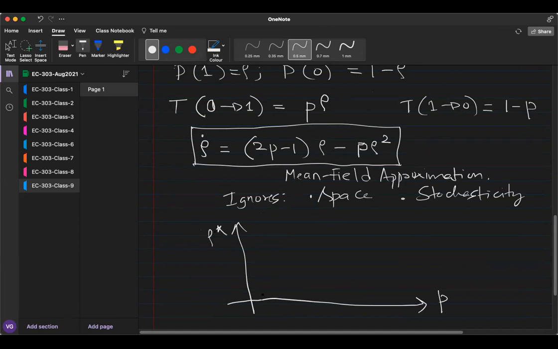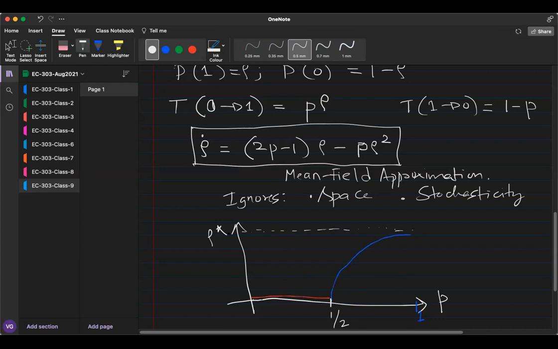It shows that the phase diagram looks like this. Between 0 and half, extinction is the stable state. After half, the system has an active state where the density is non-zero.